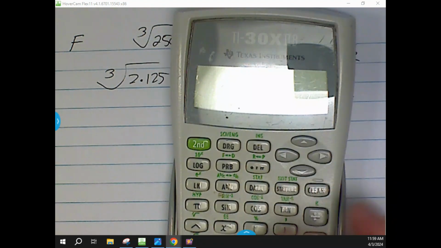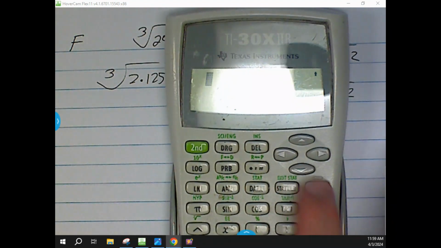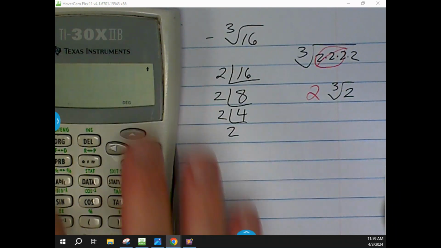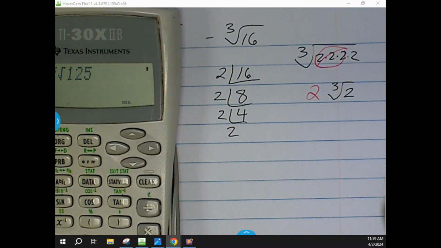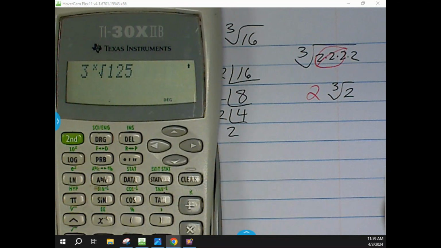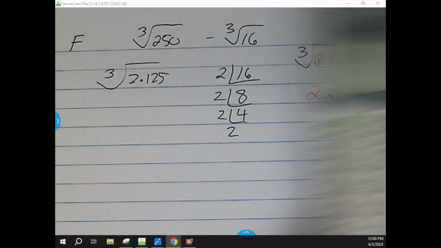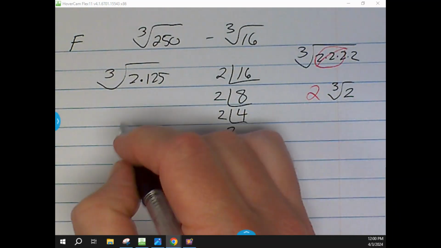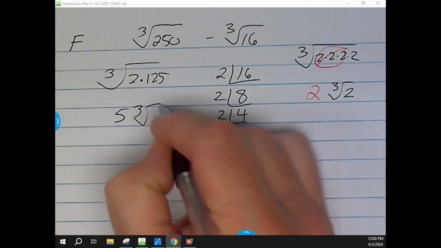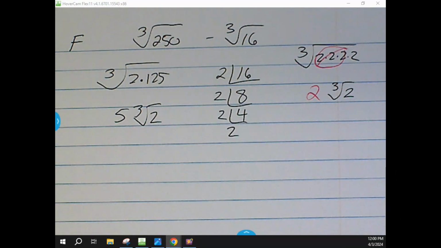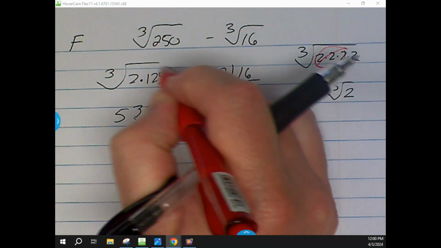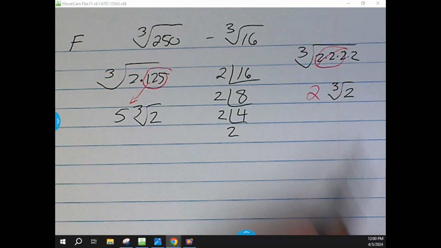Then if you check that number, you're probably going to see that's going to be a perfect cube root in this case. So we're going to do the cube root of 125. And that's just 5. So we can take the 125, we can do the cube root of that, and just make that 5.